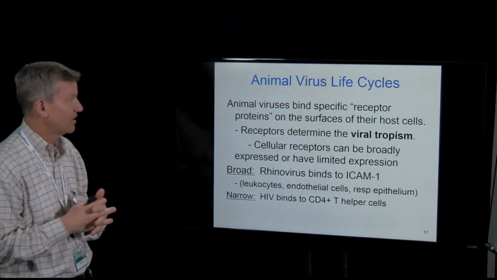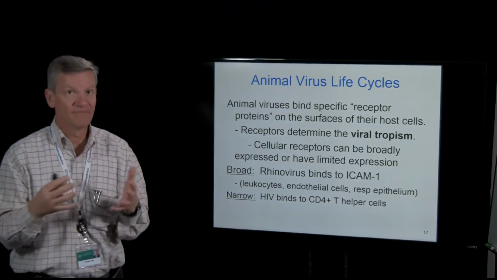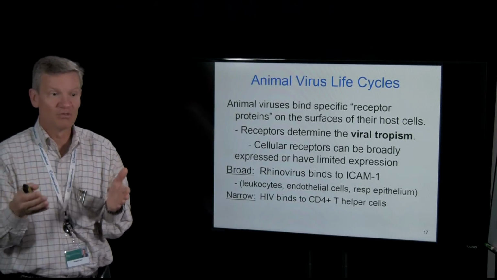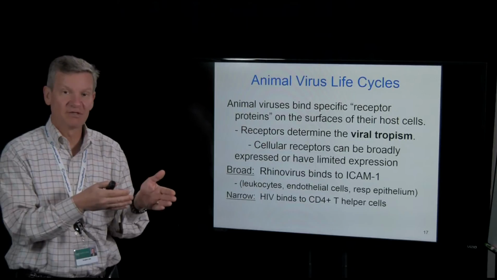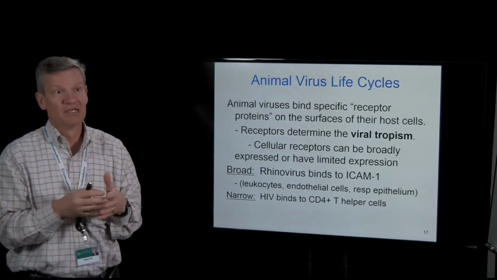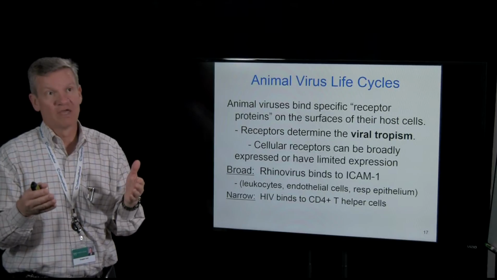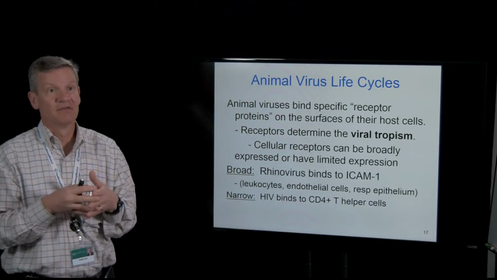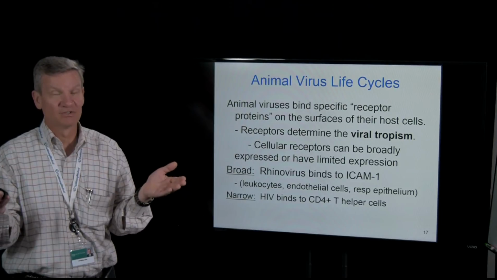As an example of that, some bacteriophage, which remember are bacterial viruses, will only infect certain types of bacteria. And people have taken advantage of that. They say, well, we know that certain bacteriophages will only infect methicillin-resistant Staph aureus, or MRSA.